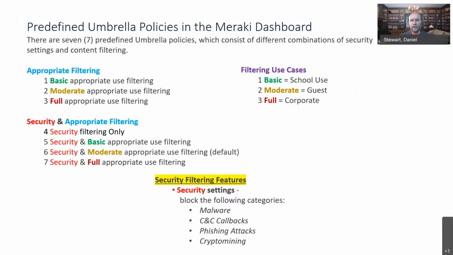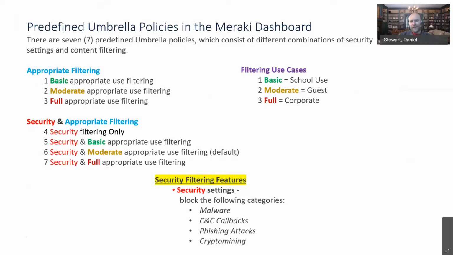So it's still using Umbrella, but you don't have the applicability of customizing these policies. You just pick which one is most right for your environment or your design. There is the section of just appropriate filtering of basic, moderate, or full, and the list obviously would get bigger as you add more and more filtering elements.